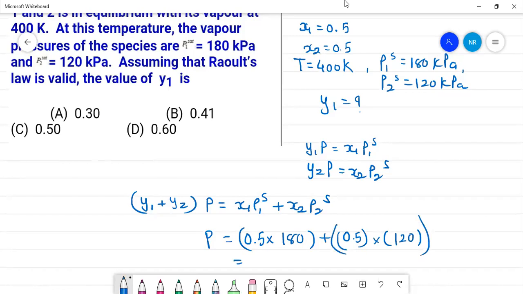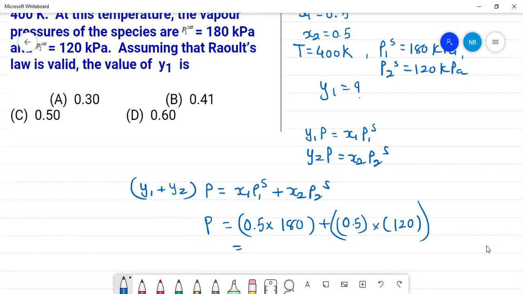So can you give me the value of total pressure? Okay, 150. The total pressure is equal to 150 kilopascal.